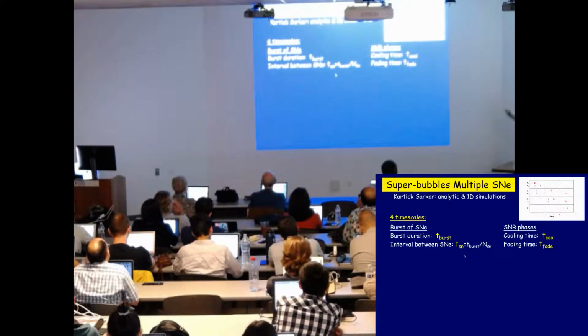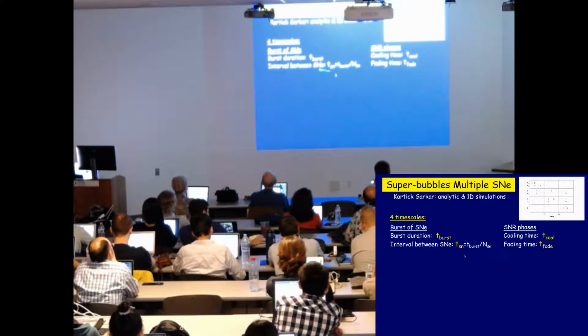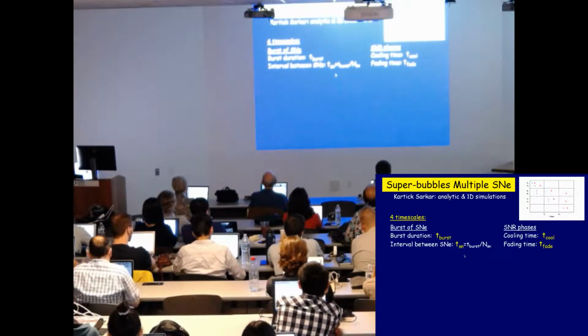There are many cases you want to study, depending on the cooling time and the fading time of the supernova bubble, depending on the length of the burst of supernovae or stars, and the mean duration between successive supernovae. So you have 3 parameters and a lot of parameter space. Each of them is a different case with different analytic result.